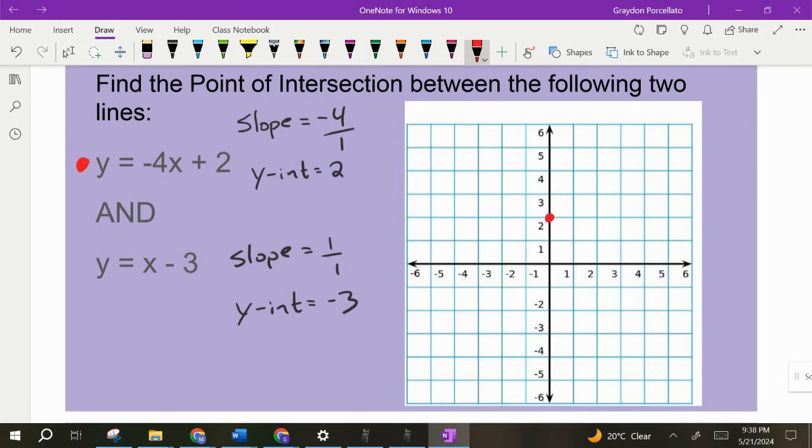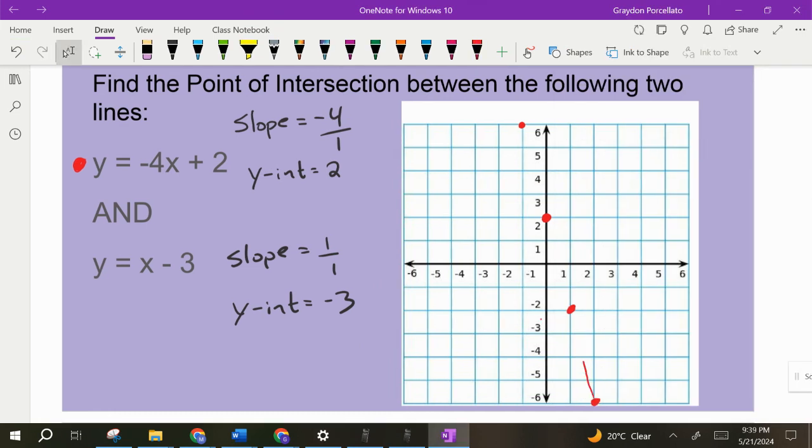Let's go y-intercept of 2. We're going down 4 over 1. Down 4 over 1. Down 4 over 1. And we can go up 4 over 1. Let's try and sketch this line out. Whoa. It's tough drawing these lines on a computer without a ruler. Challenge. Okay.